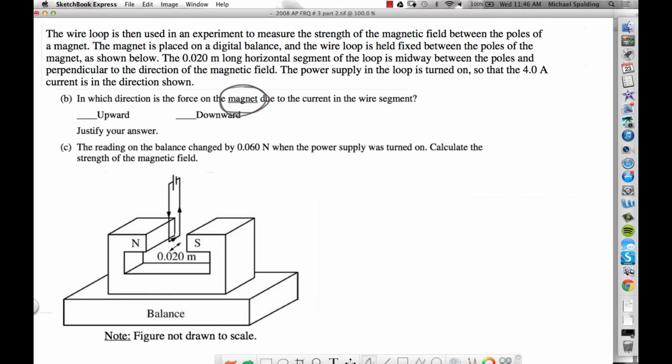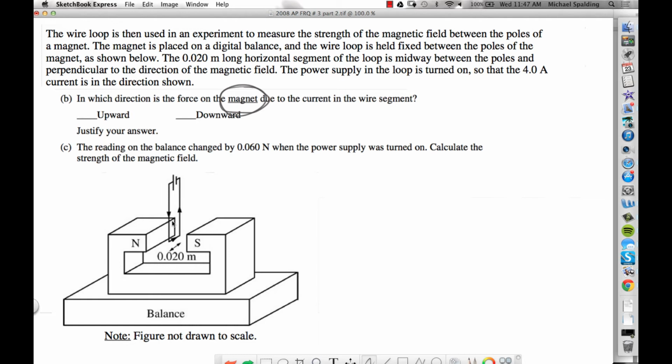Okay, so it's 3-dimensional. So you're going to use right-hand rule number 1, flat hand rule. All right, which way is your thumb? Into the screen, right? Your thumb is pointing into the screen because that's where the current's going. See right there? The current goes into the screen. Which way are your 4 fingers? To the right.